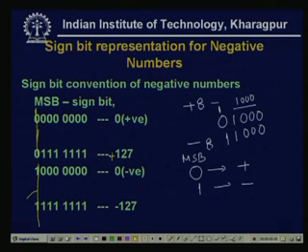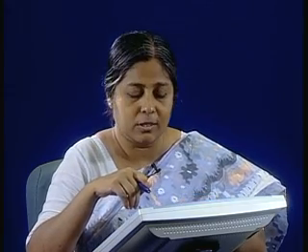For the remaining, this is one type of confusion: we know that in our number system 0 appears only once on the number axis. Now, when I am representing it in sign bit convention, I get two types of representation, one positive 0 and one negative 0.